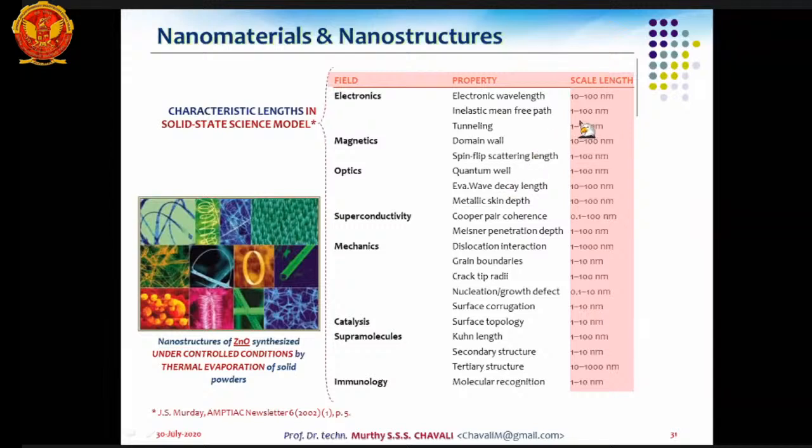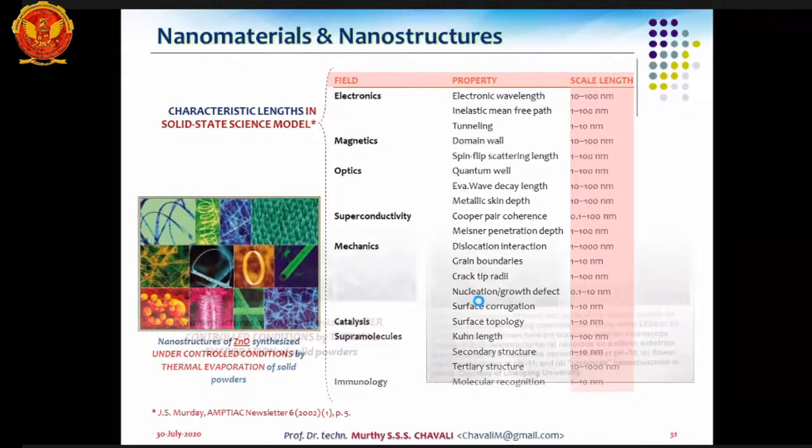That means it is going to be in nanometers, and once you have nanometers, you have an enhanced property in different subjects.